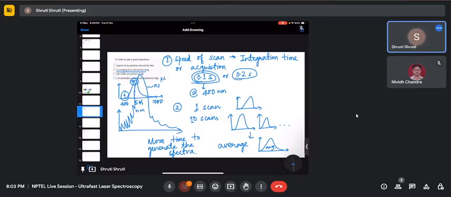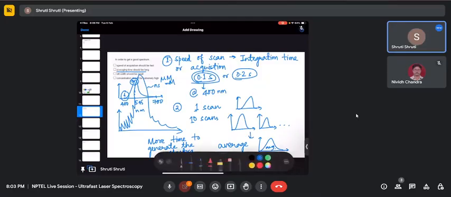So the path length should be changed by 3 microns.